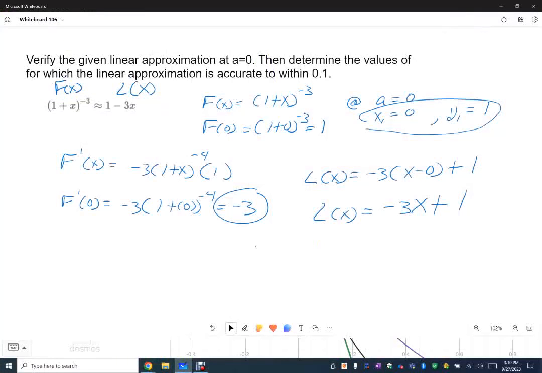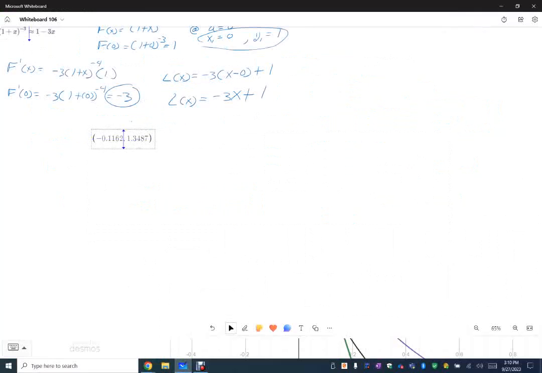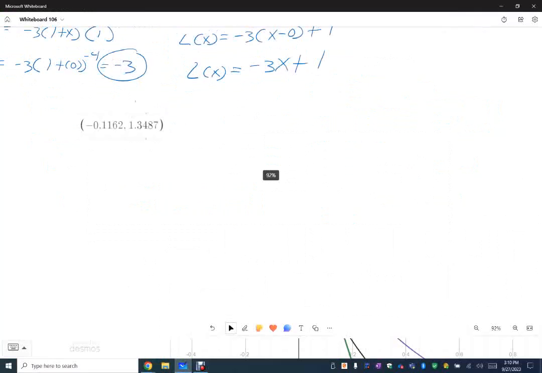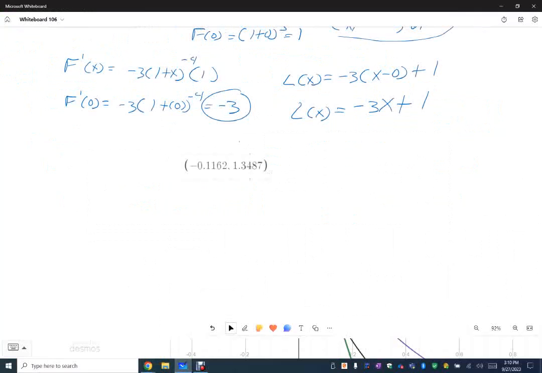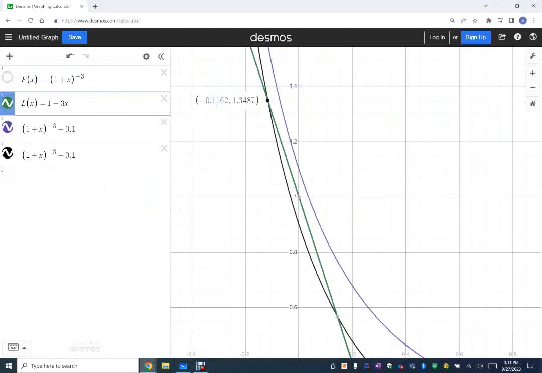So that's my lowest x value. Just going to write that in here, or just copy and paste that. Don't need it that big. Okay, that's my lower x value, and this is my upper x value here. Again, where I'm staying within that plus or minus 0.1 from the original function.